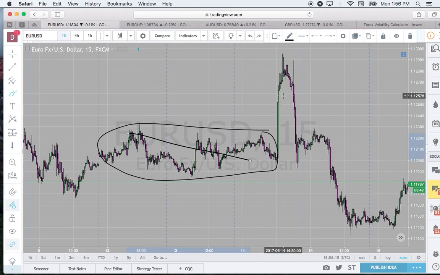On the third or fourth day, which would be considered the middle of the week, where normally most of the high impact news events occur, and this is not a coincidence, this will happen.